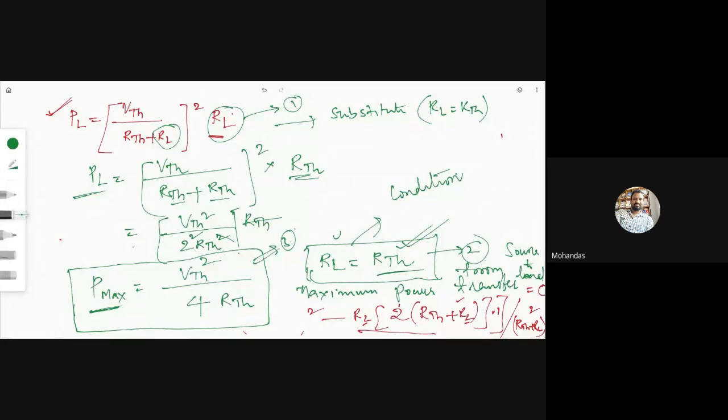All of you note down this equation number 3 also. Let us say this is equation number 3 and this is equation number 2.